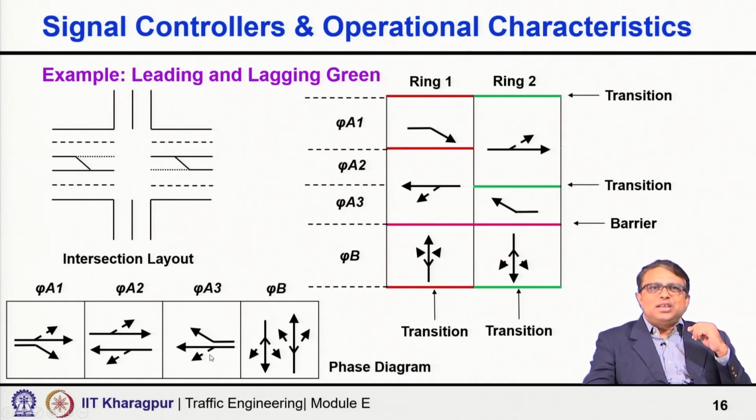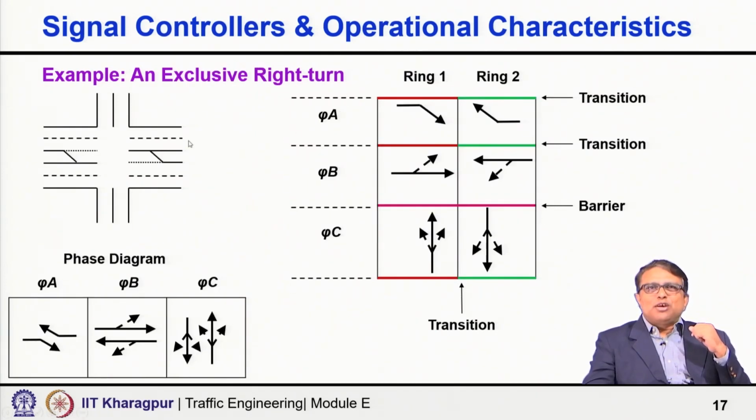Now, in phase 3, ring 1 continues from phase 2, but ring 2 has to change because now you are allowing the protected right turn. Then in phase B you have one ring for the northbound movement and another ring for the southbound movement.